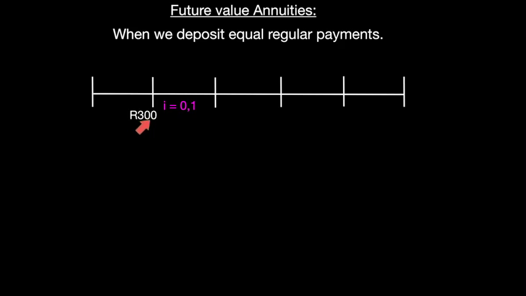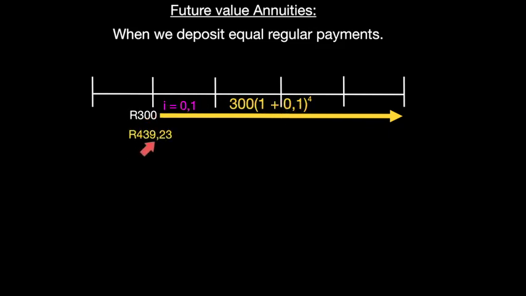That 300 Rand is going to grow with that 10%, that 0.1, for the next 1, 2, 3, 4 years. So we can write that as 300 and in brackets 1 plus 0.1 to the power of 4. And that gives us an amount of 439 Rand and 23 cents. So this 300 is going to give us a future value of 439 Rand and 23 cents.